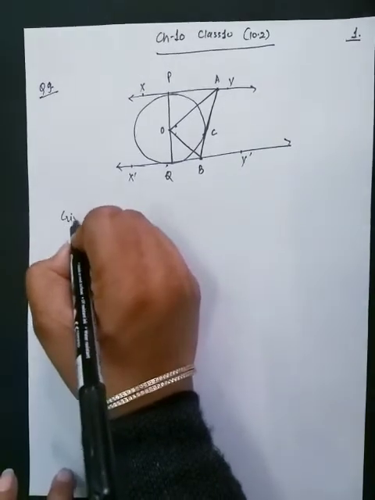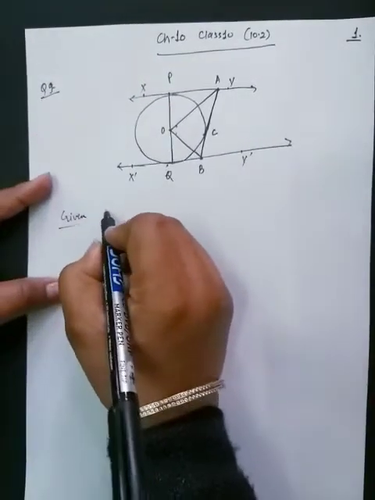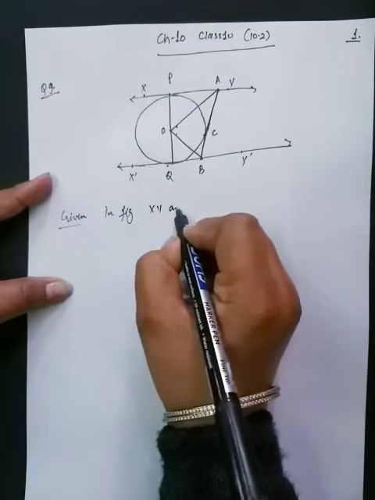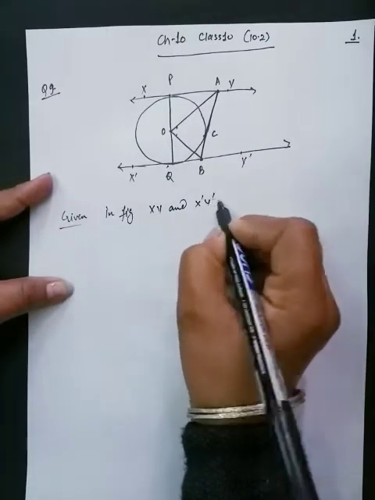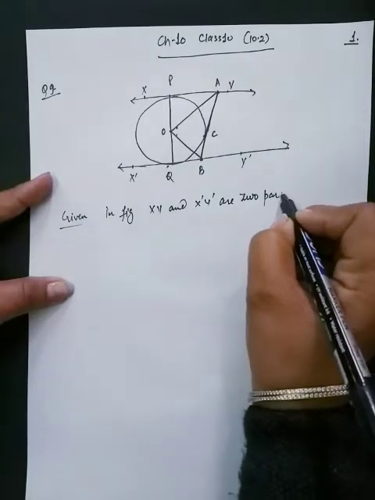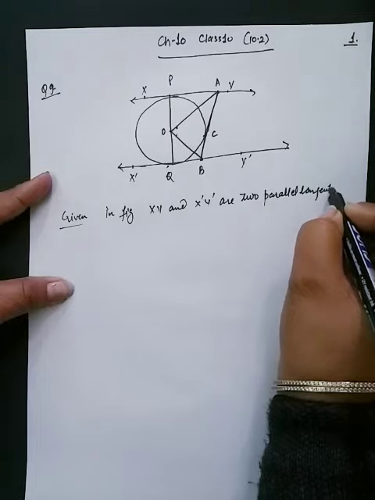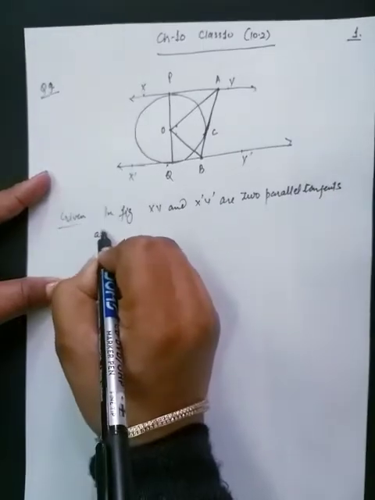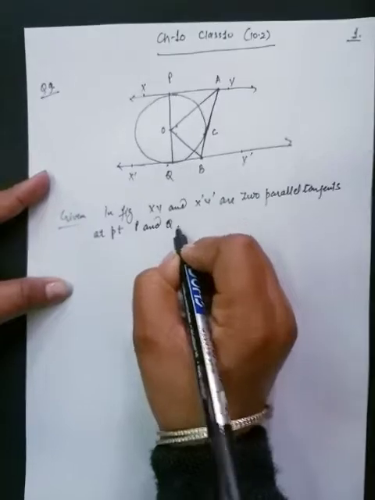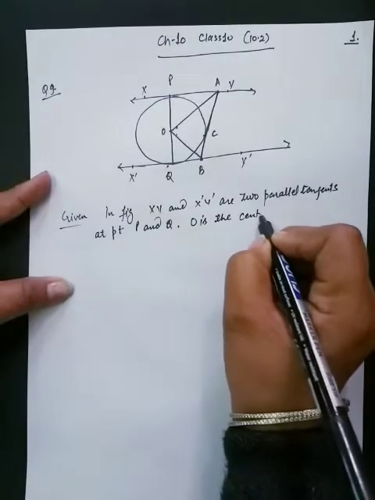Let us write first of all the given. In figure, XY and X'Y' are two parallel tangents at points P and Q. O is the center of the circle.